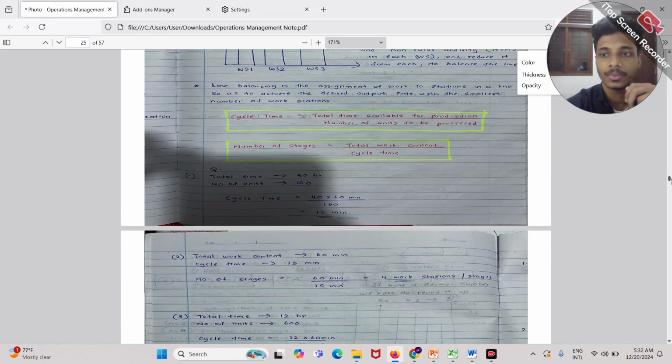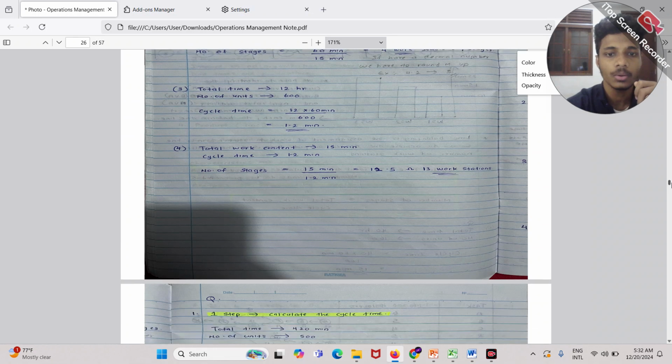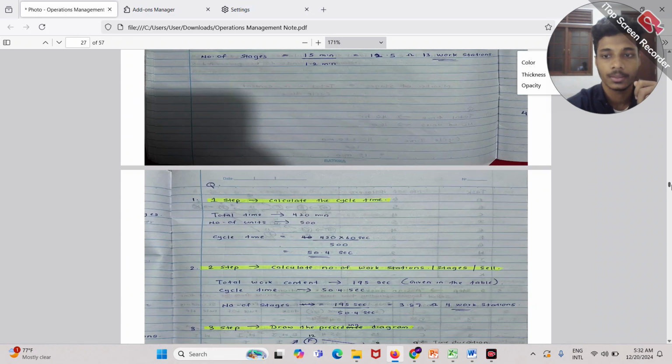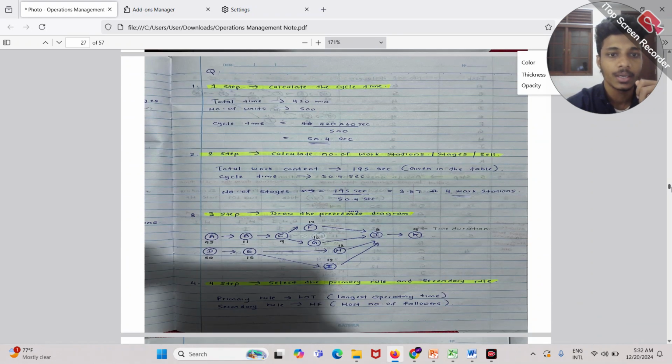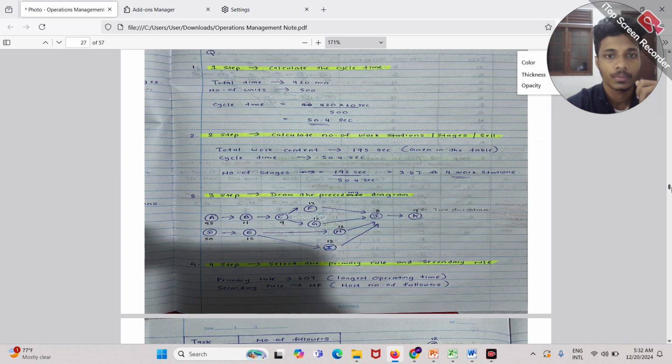There are some steps we have to follow in the line balancing method. Firstly, you have to note down these steps.